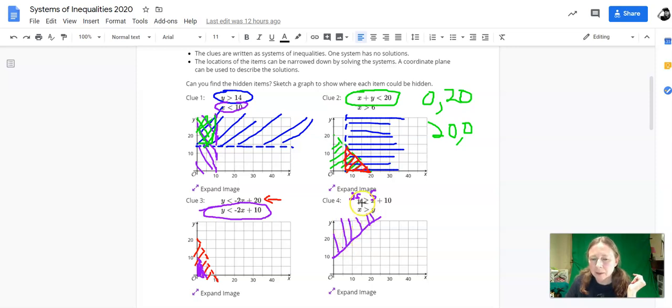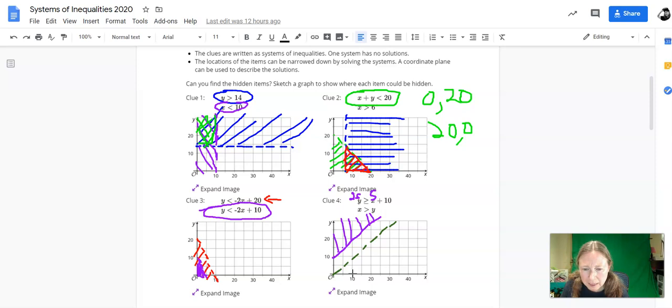Okay, then we've got the inequality x is greater than y. For that inequality, we graph the line x equals y, and it's a dotted line because there's no greater than or equal to in there. Again, it has a slope of 1. It's all of the points where the x-coordinate is equal to the y-coordinate, but we're looking for the places where x is greater than y.